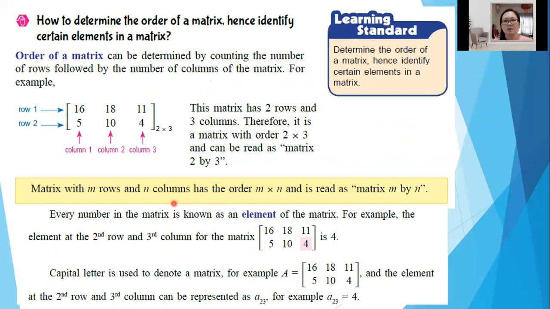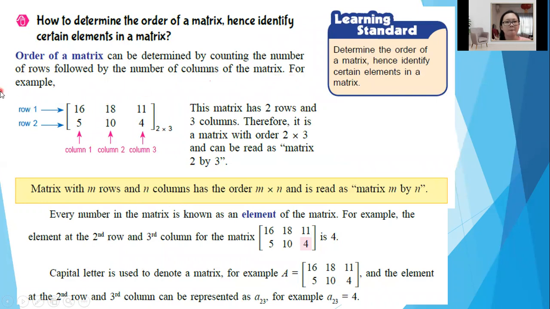Next, our learning standard is to determine the order of a matrix, hence identify certain elements in a matrix. So how to determine the order of a matrix? The order of a matrix can be determined by counting the number of rows followed by the number of columns of the matrix.